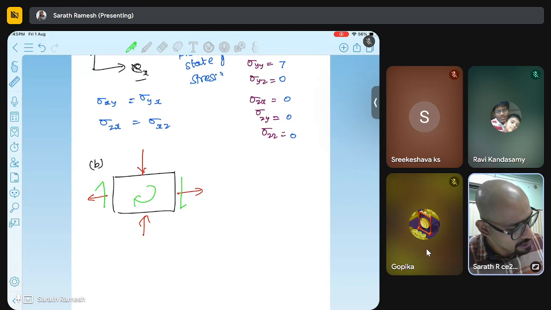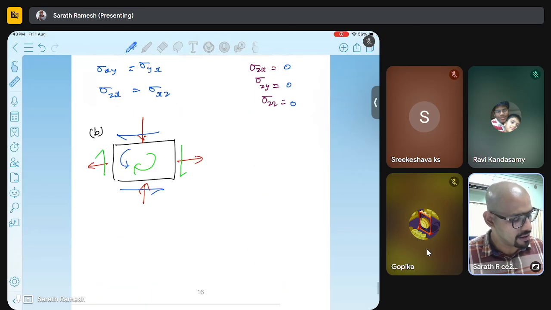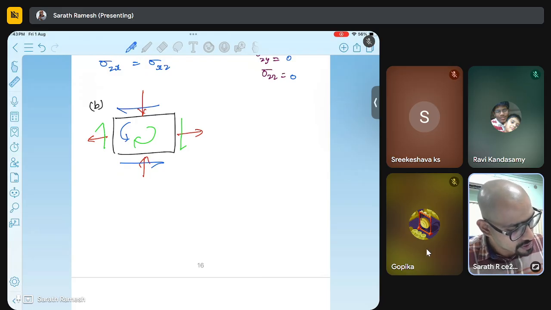So to overcome it, we need an anti-clockwise moment, right? Otherwise, it won't be in equilibrium. Only these will form an anti-clockwise moment, right? In the last problem, I missed that. So say these values are 5, 5, 8, 8, and the shear is 3.